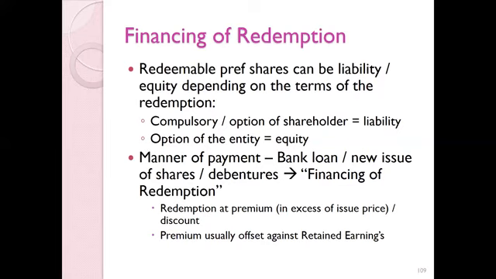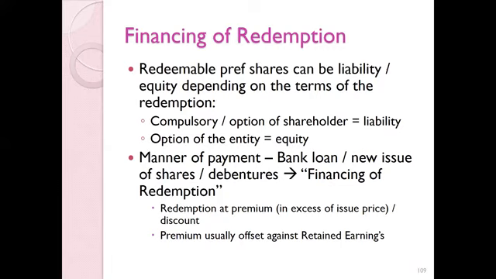We said if it's compulsory or at the option of the shareholder, the more prudent approach would be to recognize those redeemable preference shares as a liability, because we have no control over the shareholders as to whether they're going to redeem or not, and therefore the more prudent option would be to account for those as a liability.